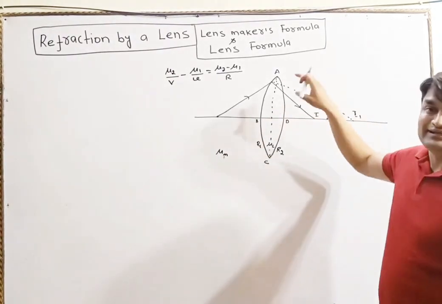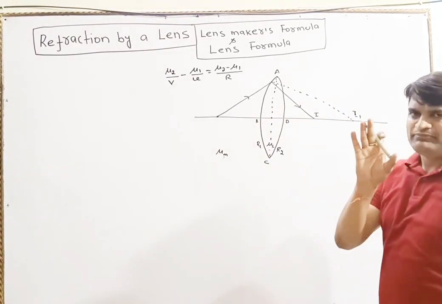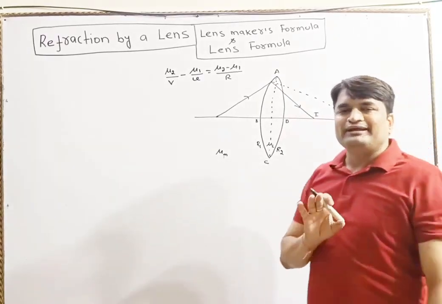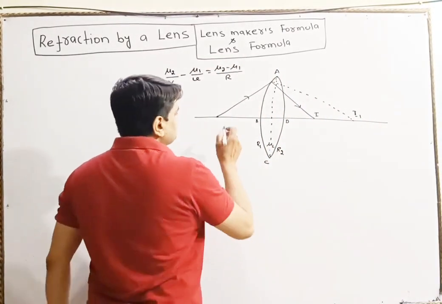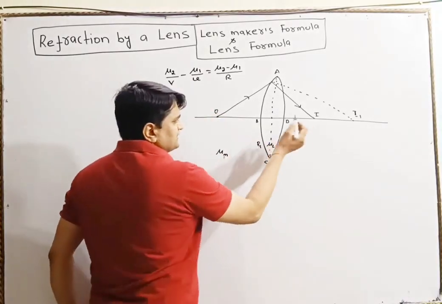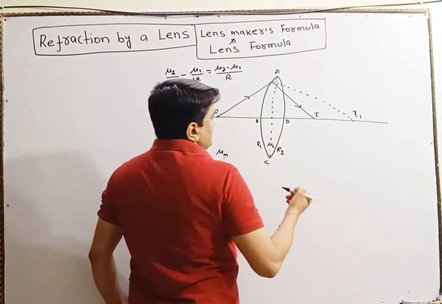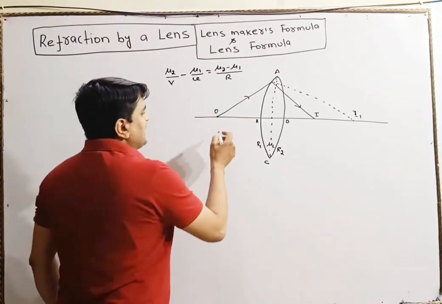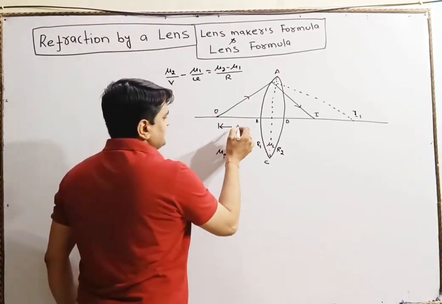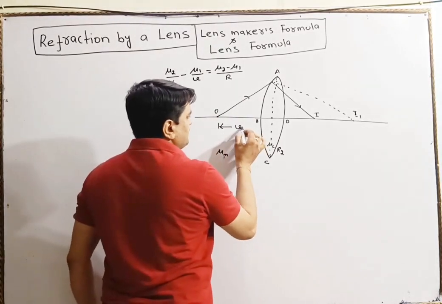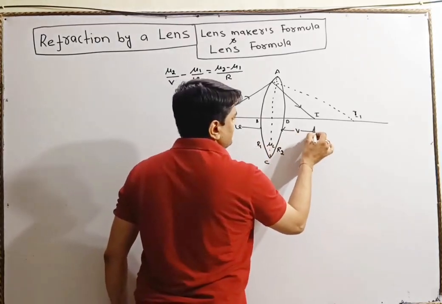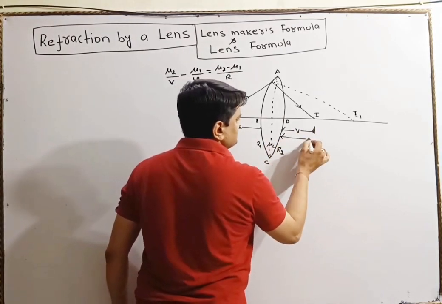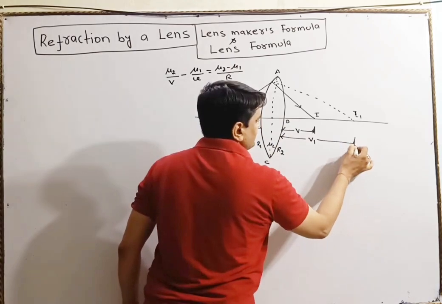It is within the lens. This is the key point. If you get this point, there is no problem in deriving the formula. Let this be O, this is I, and this is I1. This distance is U, and this distance is V, and this distance is V1.